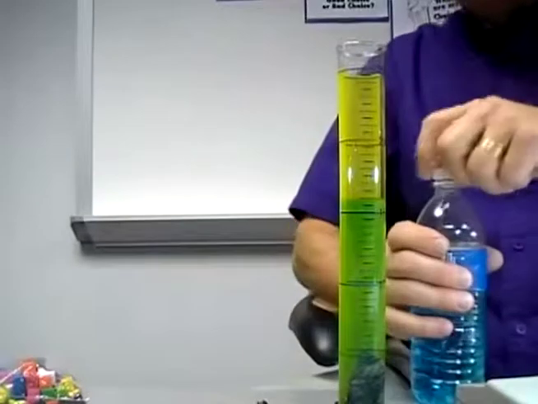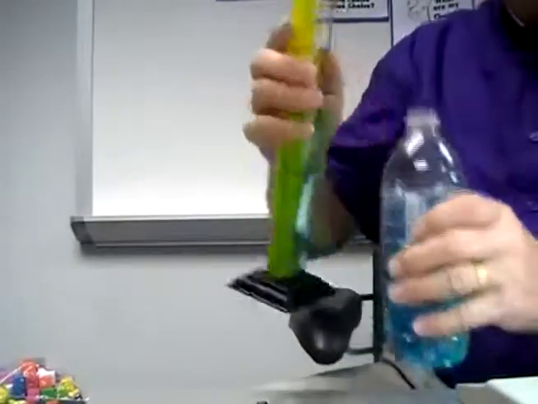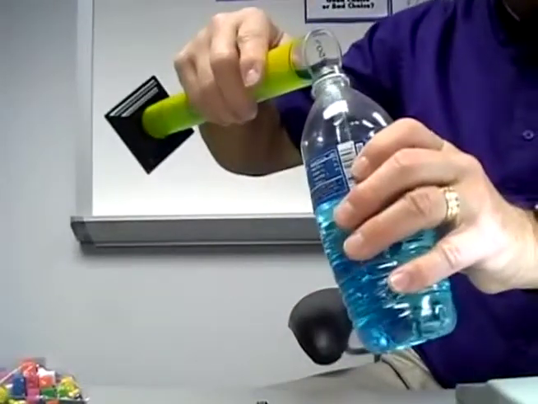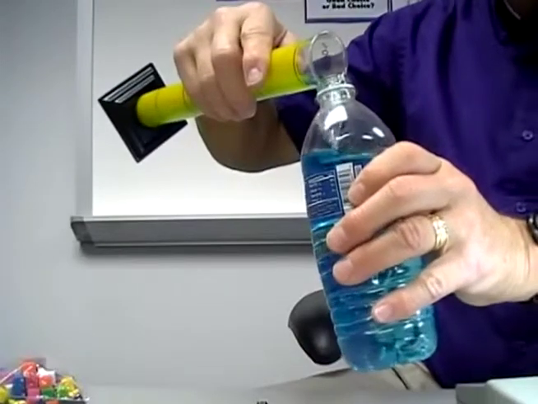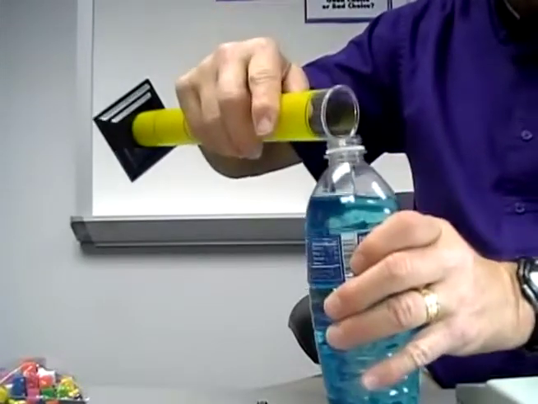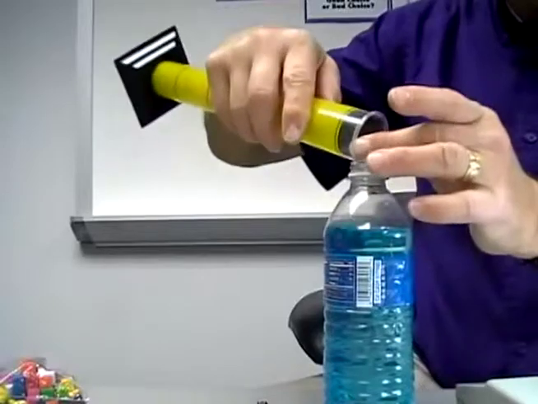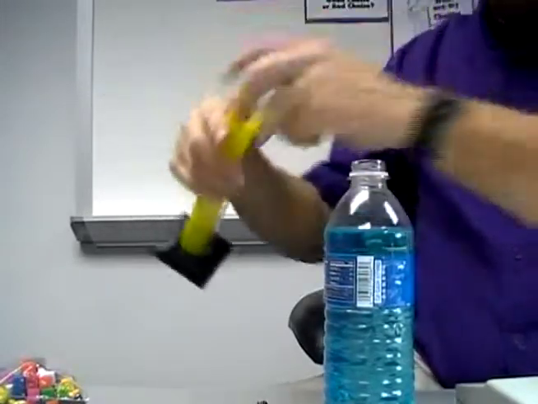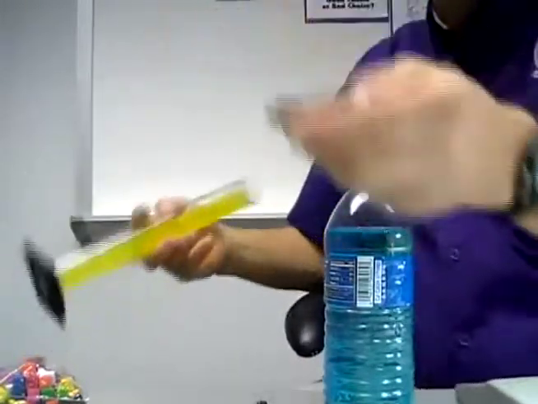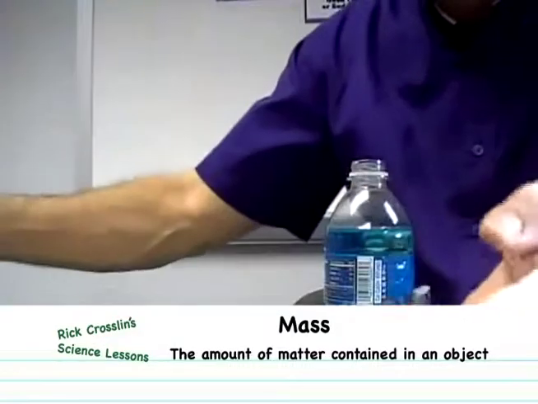Pretty cool. Now I need to put the water back in here because I still want to do one more thing with my rock, and that is I want to find not how long it is, not how wide it is, but how much mass it takes up.